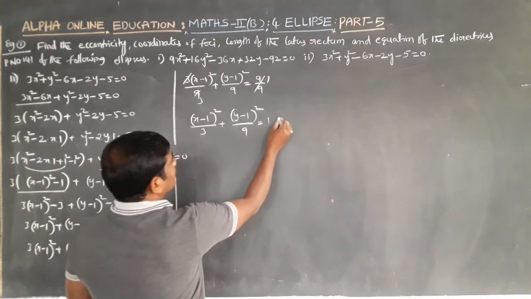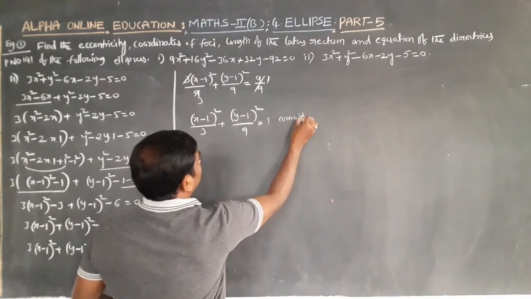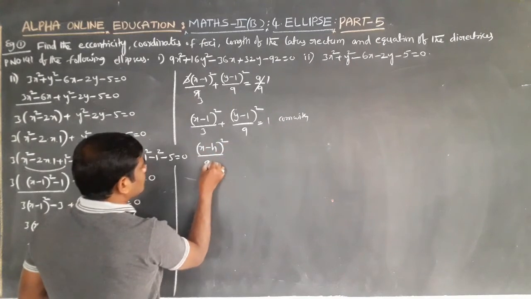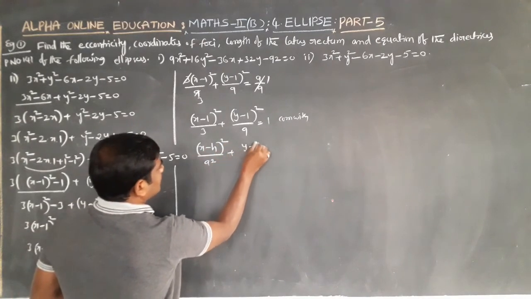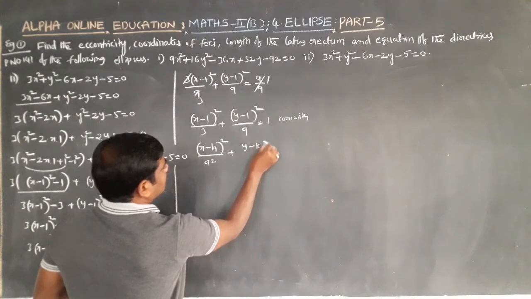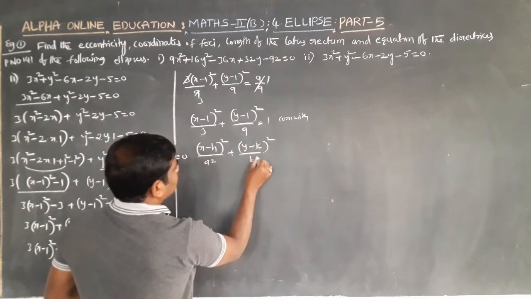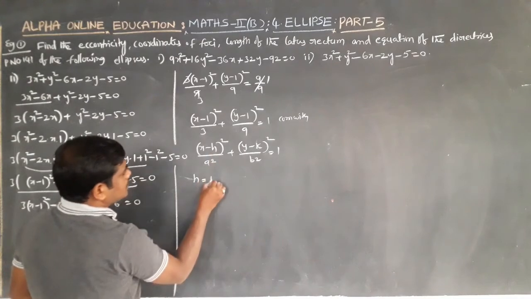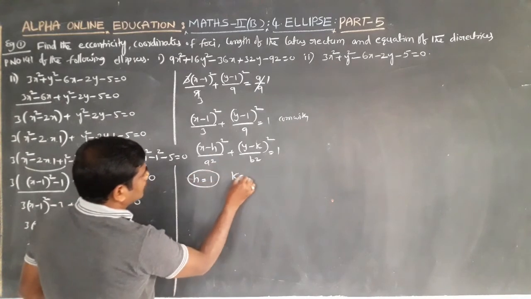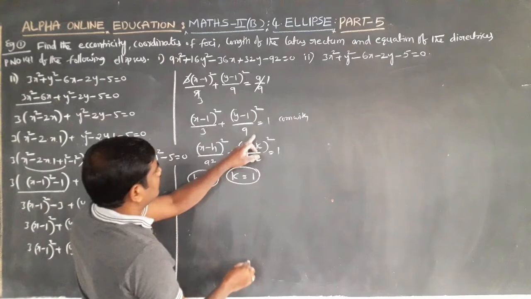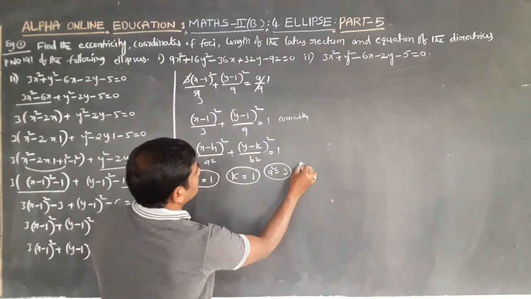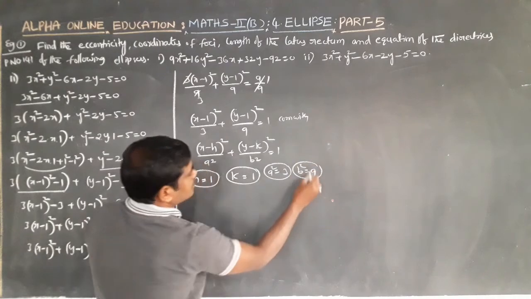Comparing with (x minus h)² by a² plus (y minus k)² by b² equal to 1, here h is equal to 1, k is equal to 1, a² is equal to 3, b² is equal to 9.